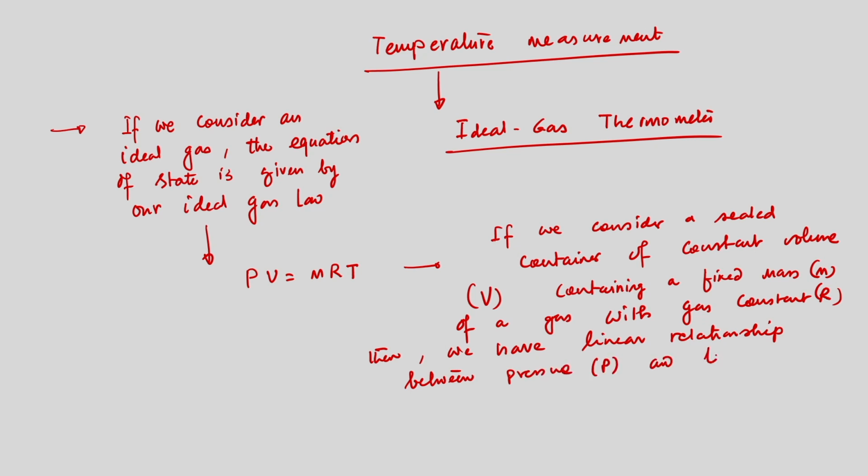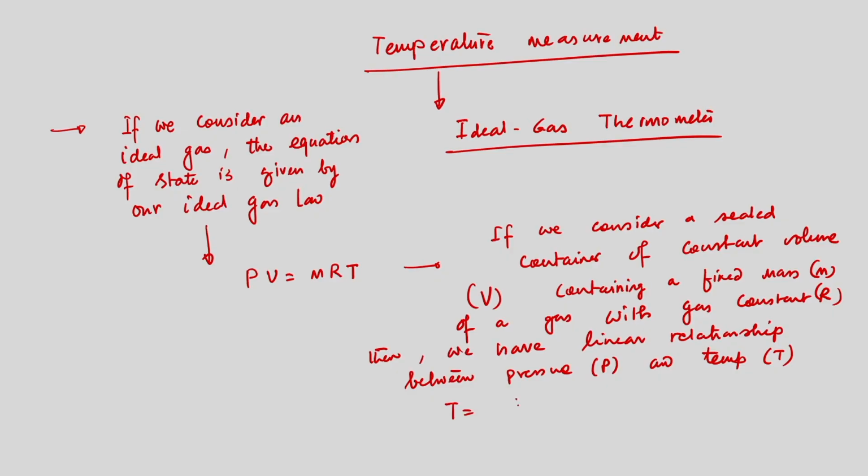That means if we consider a sealed container having constant volume and of course gas constant R, then we have a linear relationship between pressure and temperature, and we can write T is equal to V by mR into P. See, I have kept these three parameters, V, m and R, within brackets.